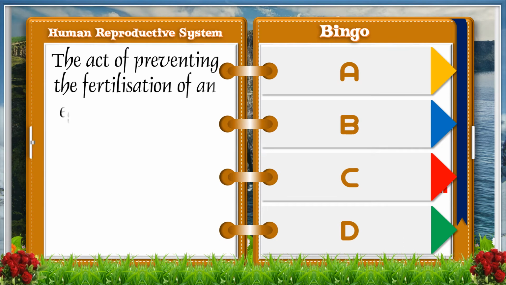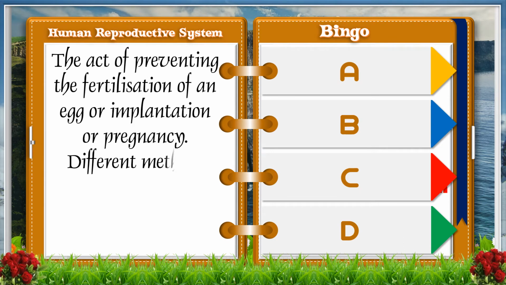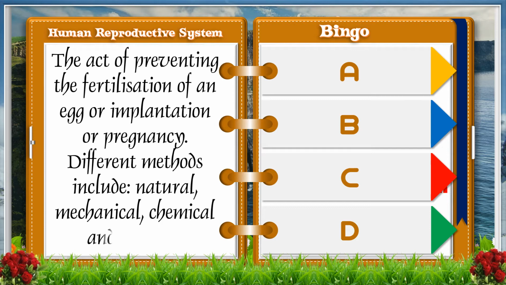The act of preventing the fertilization of an egg or implantation or pregnancy. Different methods include natural, mechanical, chemical, and surgical.